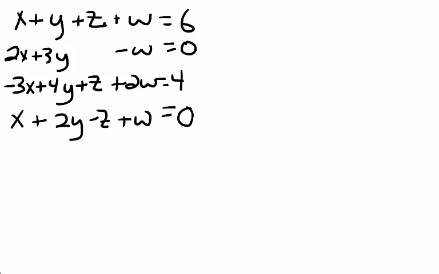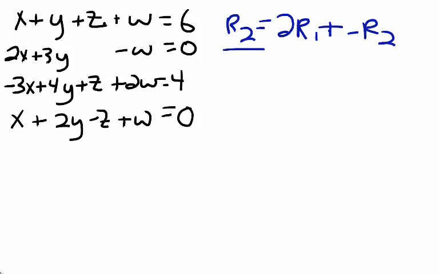Here I've rewritten the system from the previous screen, and for our first row operation, we're going to take 2 times R1 plus negative R2 and store it in R2.